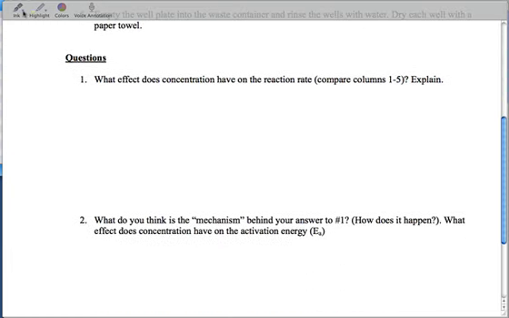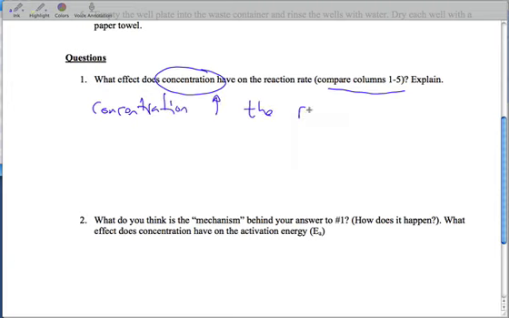Okay, so the first question asks, what effect does concentration have? Compare columns 1 through 5. So concentration increased the reaction rate.